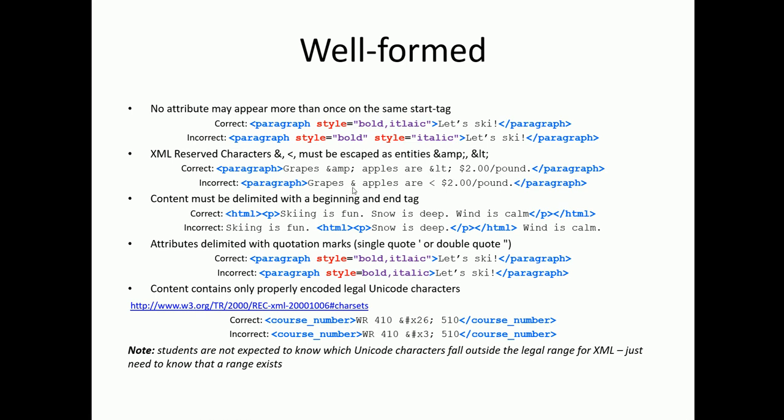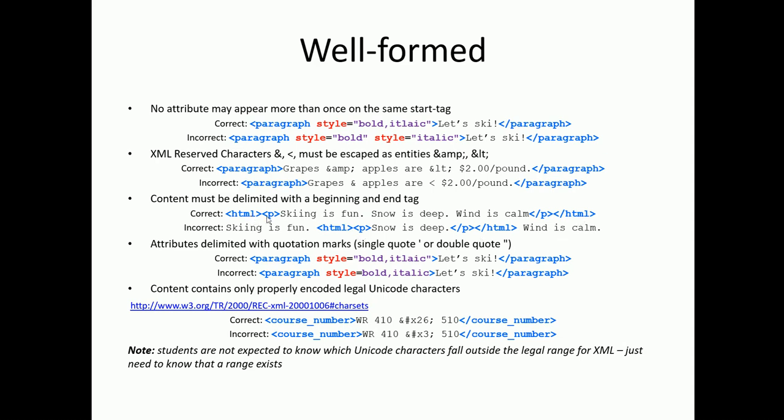So this is well formed: grapes and apples are less than $2 a pound. This is incorrect because we have an unescaped ampersand that's not represented as &amp;, and a less than that's not represented as &lt;.